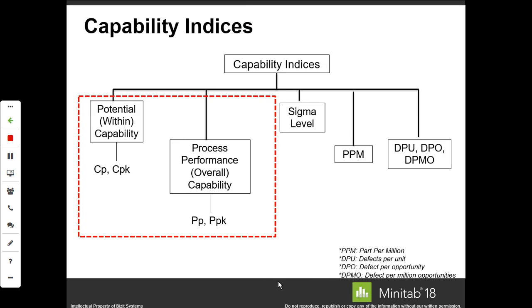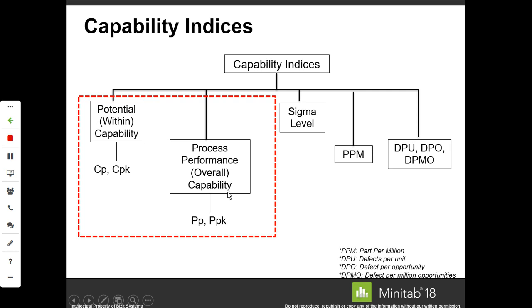Okay, so this one is the capability index, or sometimes we call it capability metrics, and it is quite popular. For information, based on the Minitab survey, most of the customers, 95% of respondents, use Cp and Cpk in order to measure their process capability. So they use Cp and Cpk, which is potential or within capability, and Pp and Ppk, the process performance or overall capability.